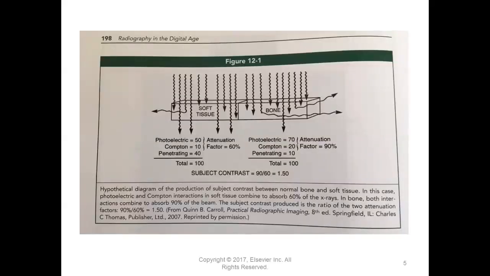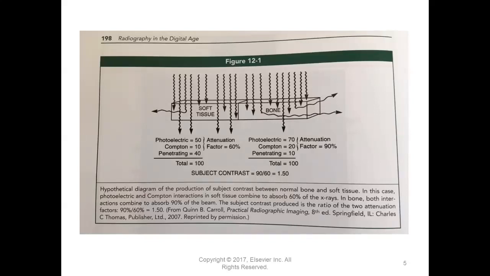Figure 12.1 has your X-rays going through soft tissue and bone side by side. In this example, we've got 100 X-rays going through soft tissue and 100 X-rays going through bone.